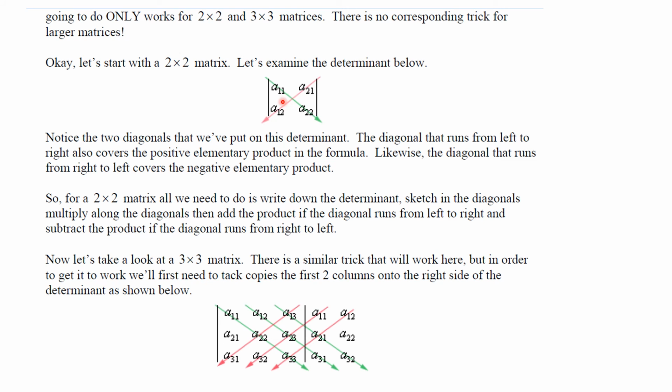With the matrix A, we will take the green products minus the red products. For the 3 by 3, what we'll do is we'll repeat the first 2 rows, and we'll take the green products, and then we will subtract the red products.